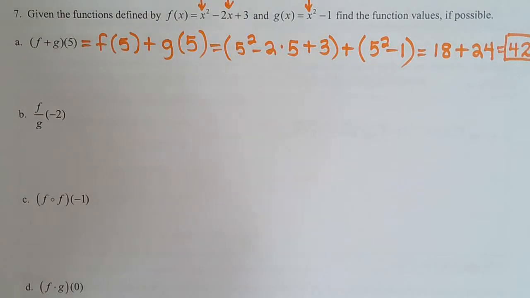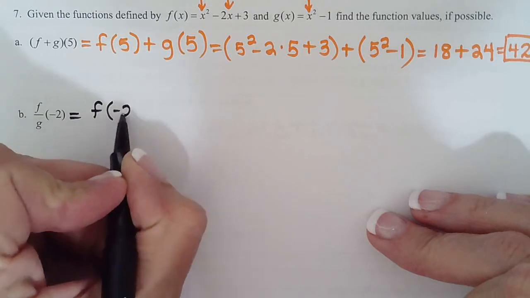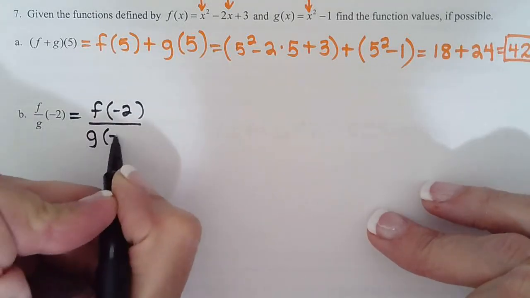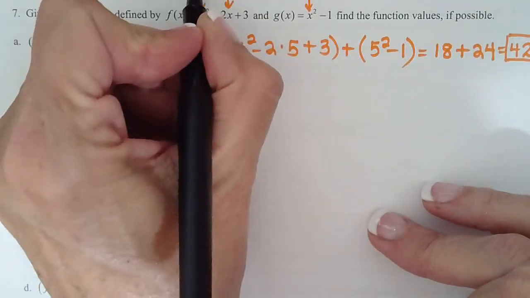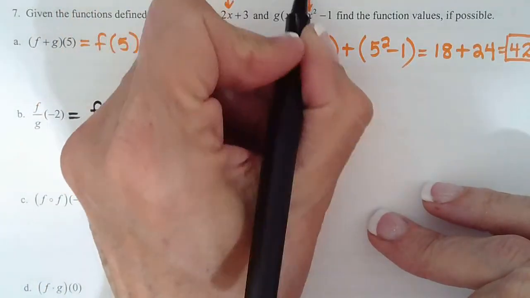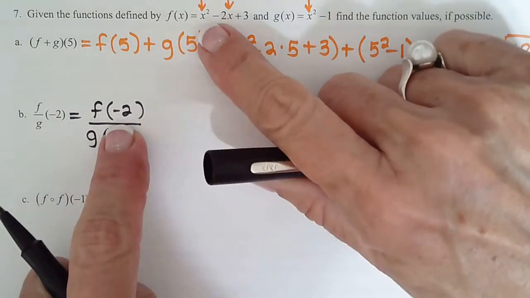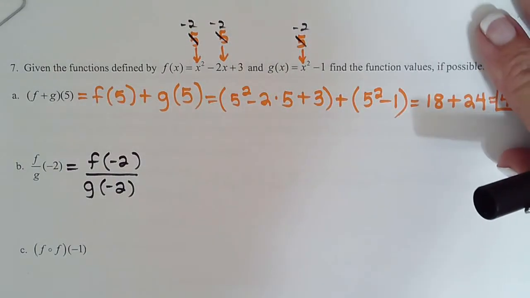So this would be f of negative 2 divided by g of negative 2. So now we're replacing that 5 with negative 2. So go into f. Everywhere you see an x, plug in negative 2.